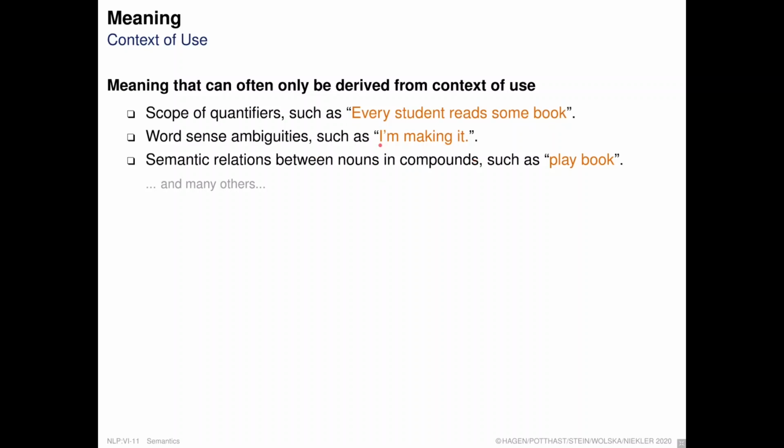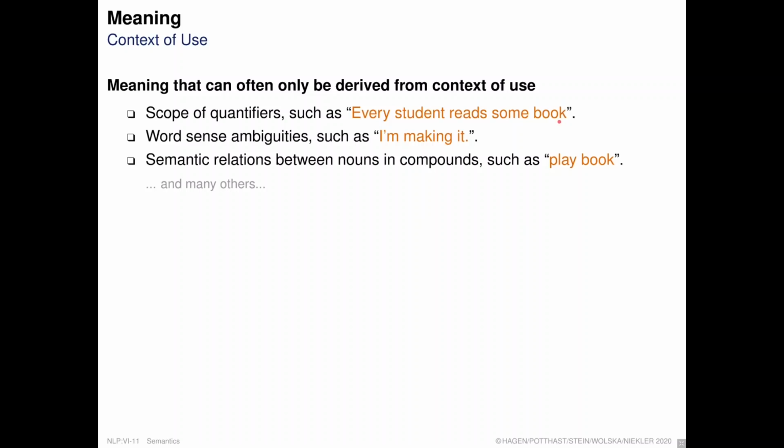There is also word sense ambiguity. So a word may potentially have more than one meaning. We would want to represent these meanings. Making it is rather ambiguous, depending on what make means here. Of course, it depends on context.